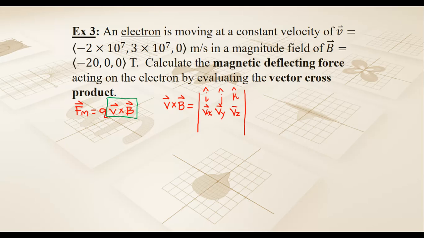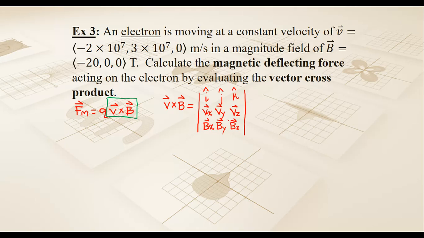Make sure your components match up with the column the special unit vector is in. The third row is going to be the second vector, vector B, so you'd have Bx, By, and Bz.